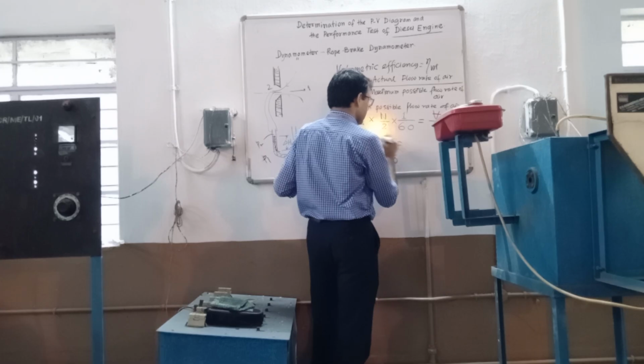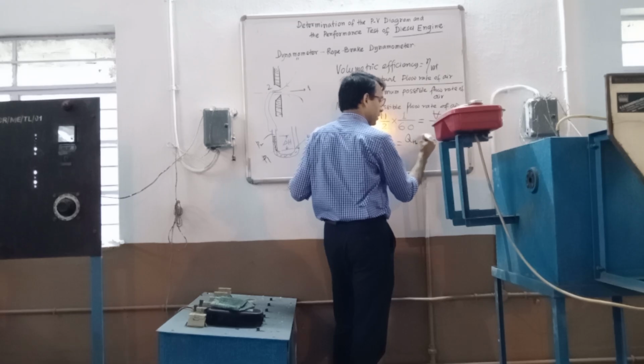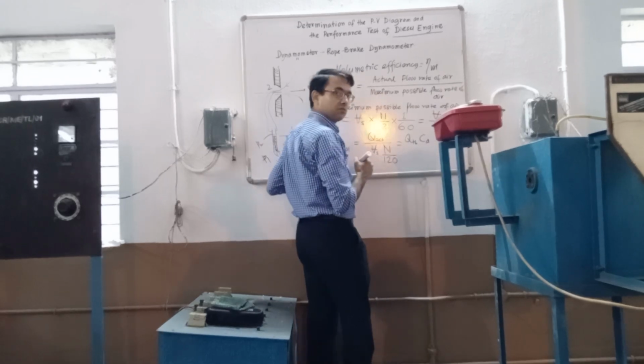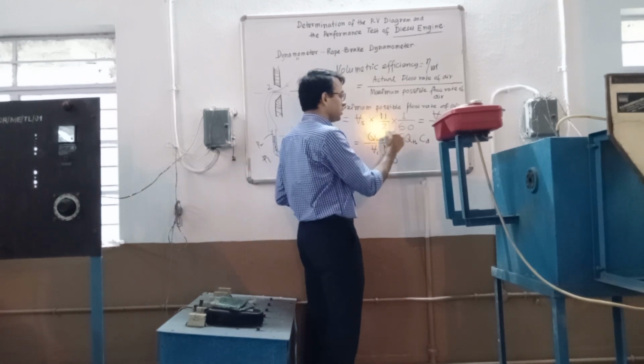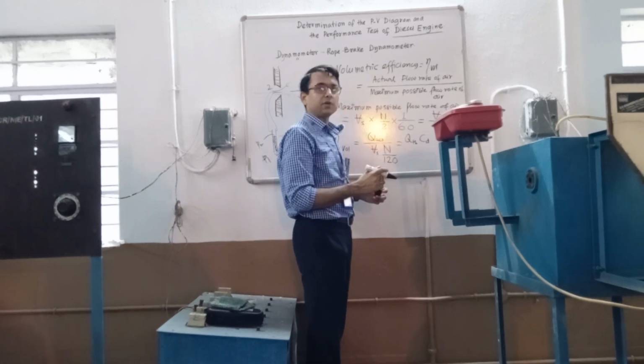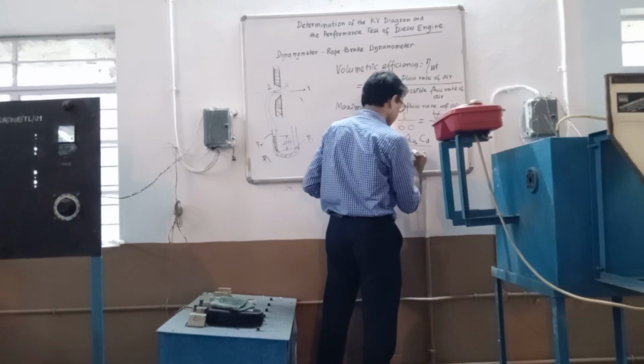So what is Q actual? Q theoretical multiplied by CD, the discharge coefficient, right? That you have already calculated, so I am not going into that. That part we have already calculated. So that is called the volumetric efficiency.